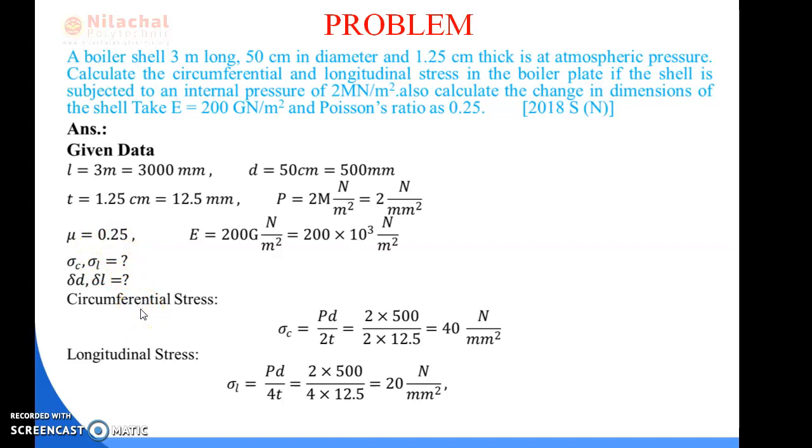For calculation of change in diameter and change in length of the cylinder, we have to calculate the longitudinal stress and circumferential stress first. According to the formula, σC as circumferential stress is equal to PD by 2T. Now pressure is equal to 2 Newton per mm square and D is equal to 500 divided by 2 into 12.5, that is equal to 40 Newton per mm square.